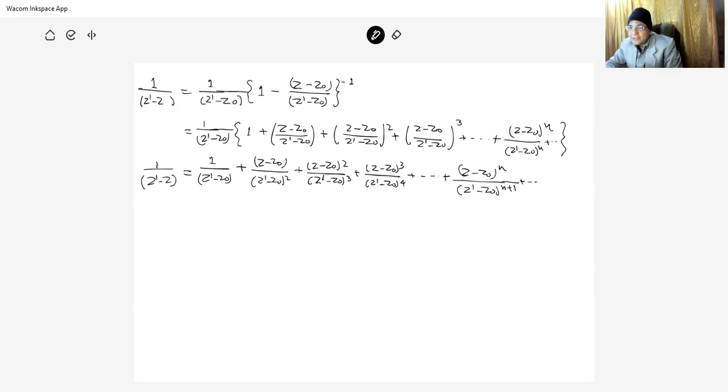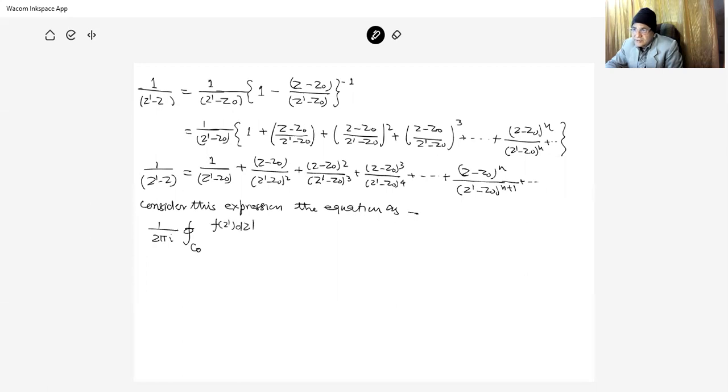So consider this expression in the equation as 1 upon 2 pi i, the integral over C0 of f(z') dz' upon z' minus z0.